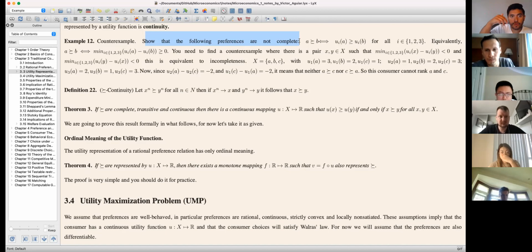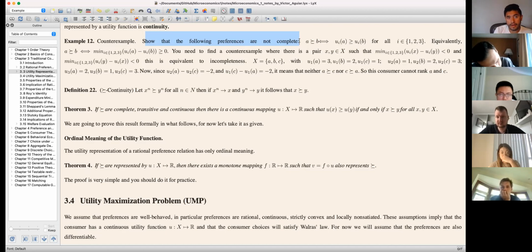Why is it true? Because the previous theorem tells you the connection between completeness and transitivity holds in both directions with utility. So if completeness fails on the preference side, there is no utility. Okay. Now you have to be careful, it's all about quantifiers.